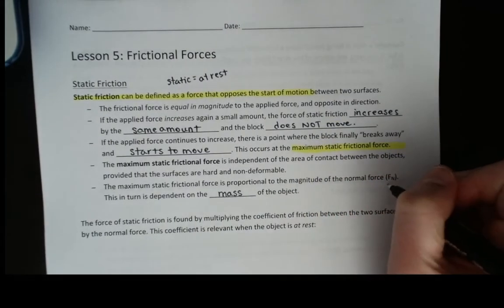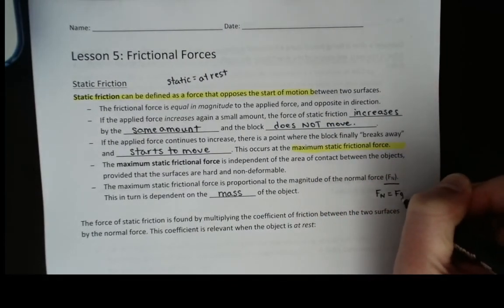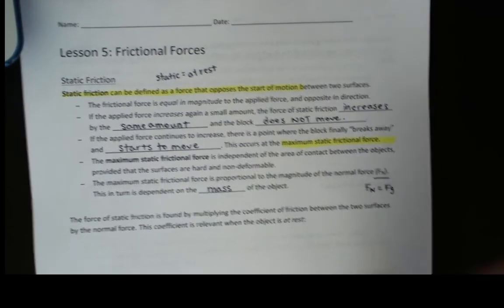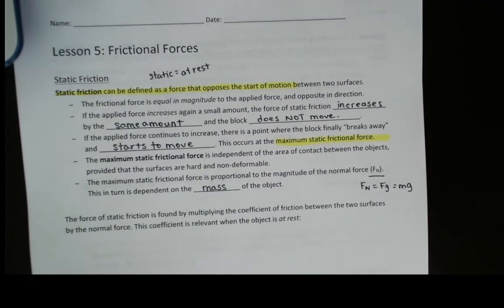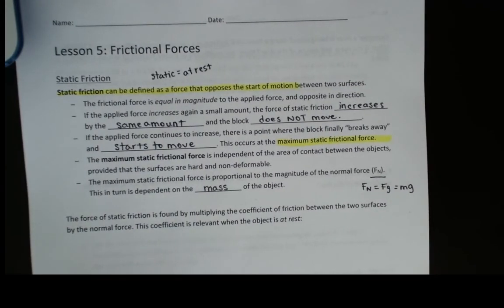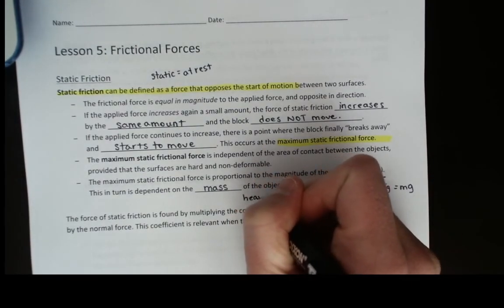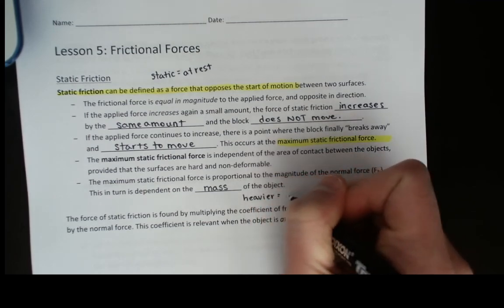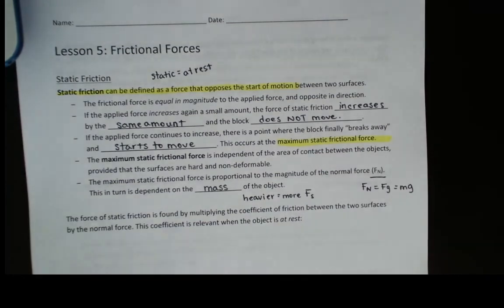Remember, normal force for an object that is just at rest is equal to gravity. Gravity force is equal to mass times your gravitational constant. So basically, the heavier the object is, the more static friction.